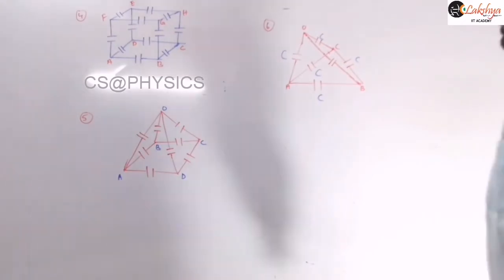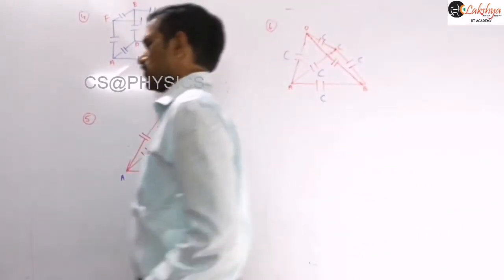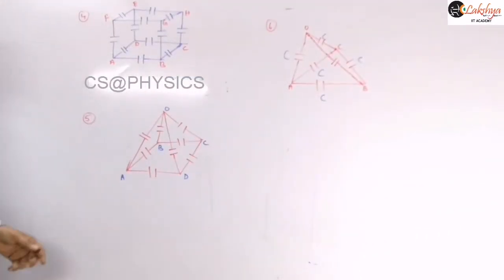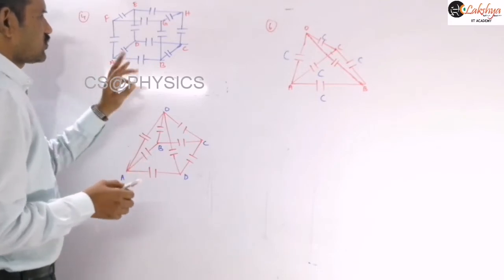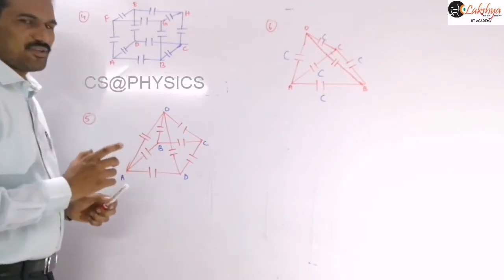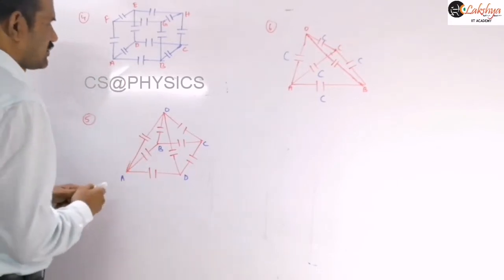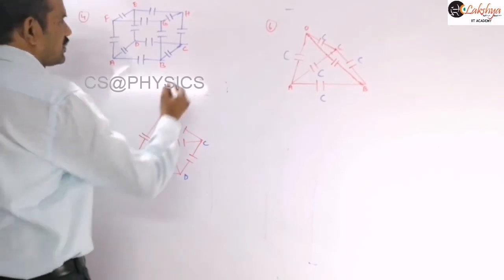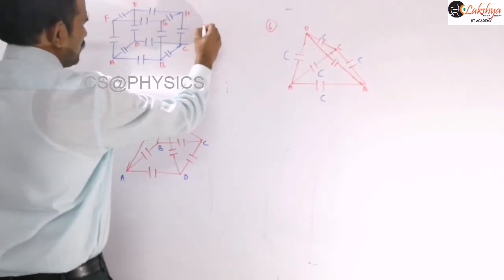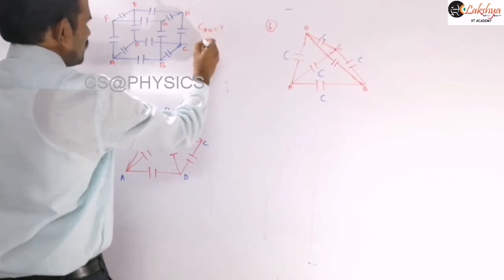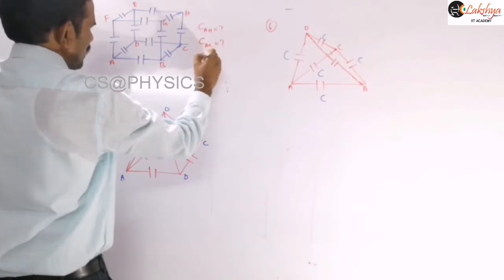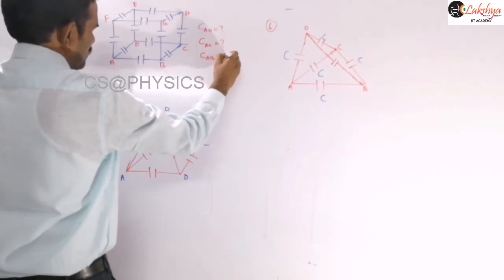So now let us solve these problems. I am giving 3 problems, but these problems in resistors you already solved. So in this we need to find across the body diagonal, face diagonal and adjacent sides. That means here you need to find the effective capacitance between A and H junctions, between A and C junctions, and between A and B junctions.